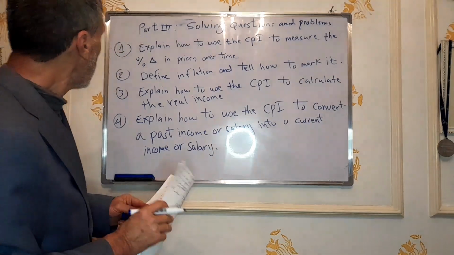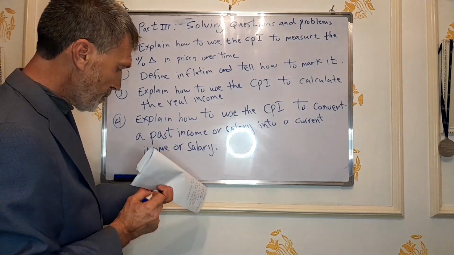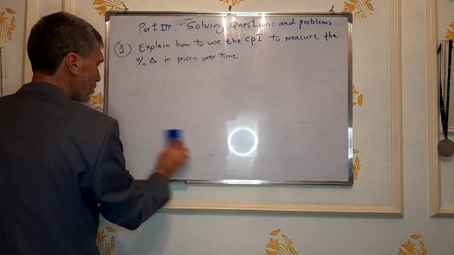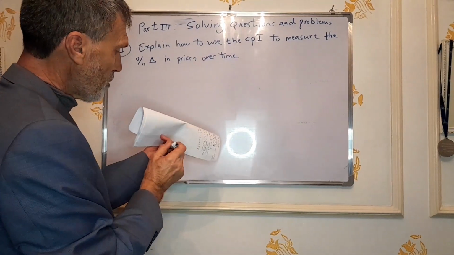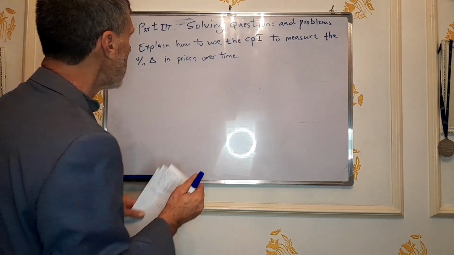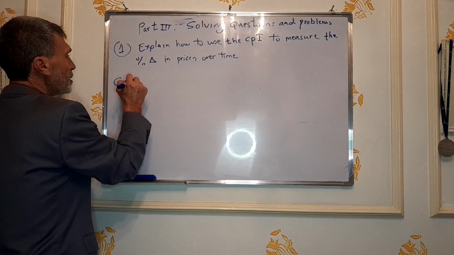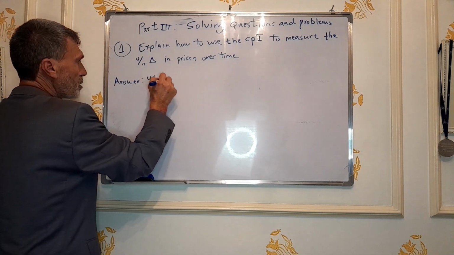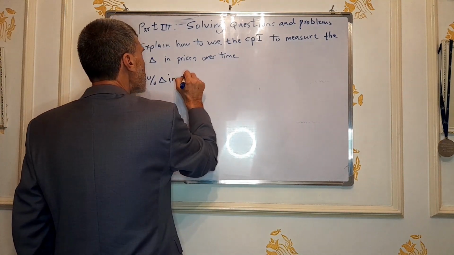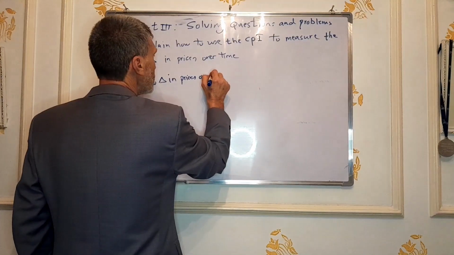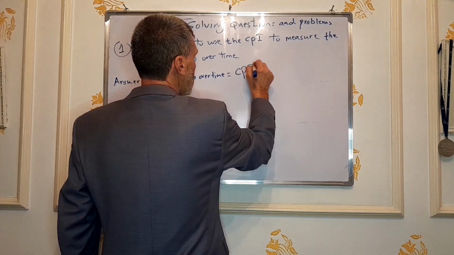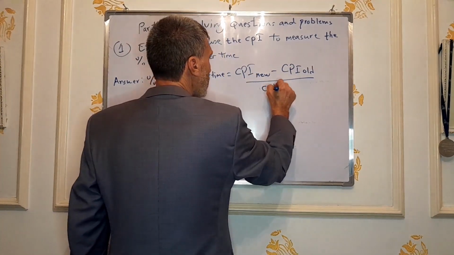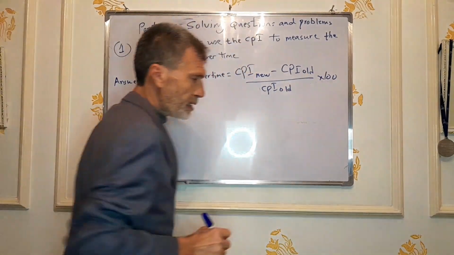Let's now focus on the first question: how to use the CPI to measure the percent change in prices over time. The percent change in prices over time is equal to CPI new minus CPI old, all over CPI old, times 100.